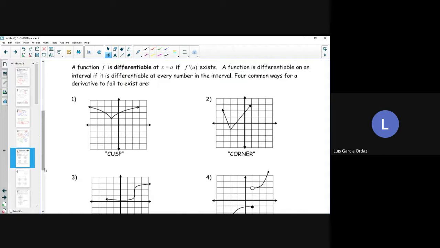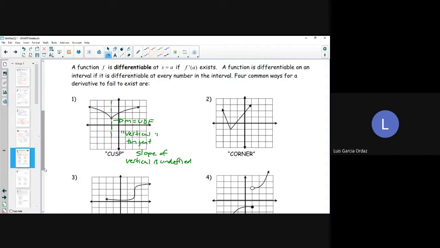Yep, there is a tangent problem, which means that our slope is undefined because of this vertical line. Okay, we have a vertical tangent, which means the slope of a vertical line is always undefined.